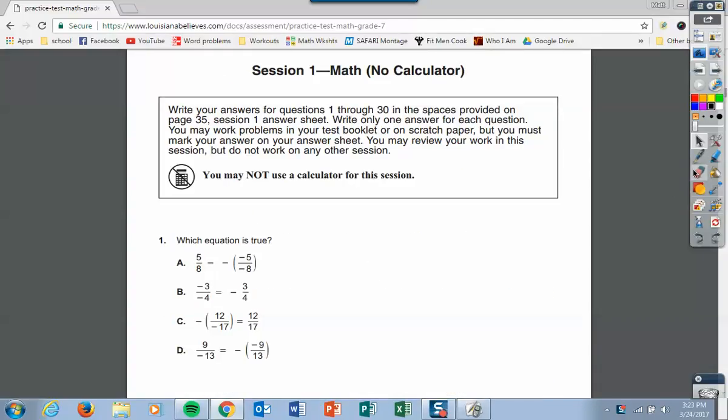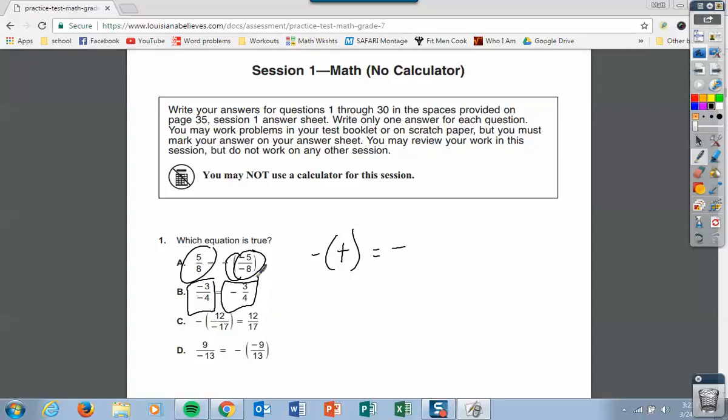So, number one, which equation is true? Well, here's just an answer of negatives. If I go through and I see that this negative is going to distribute like this, this number here is a positive, and so I've got a negative of a positive, which means a negative number. That's positive, therefore that is not true. Here, that makes a positive number. This makes a negative number.